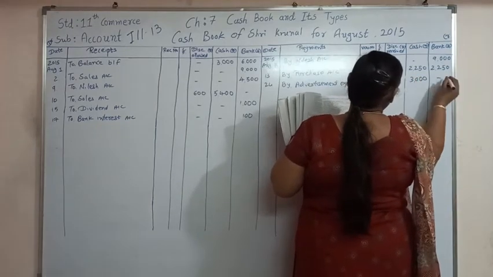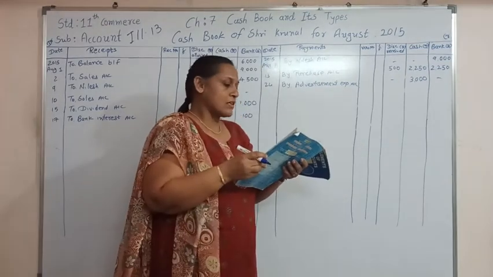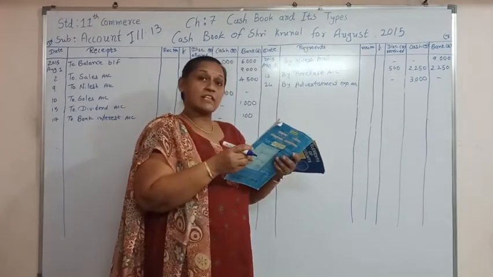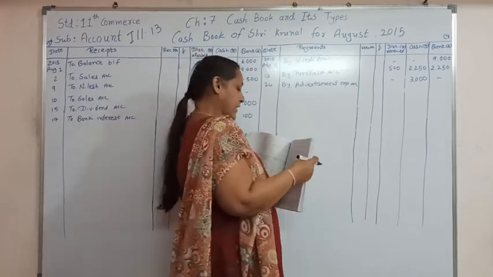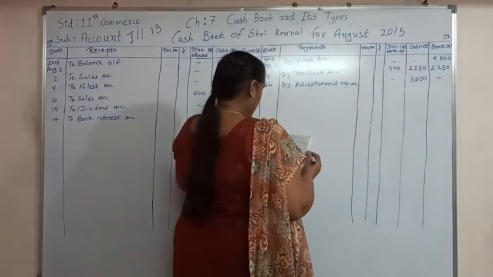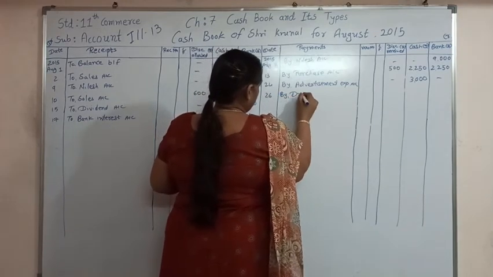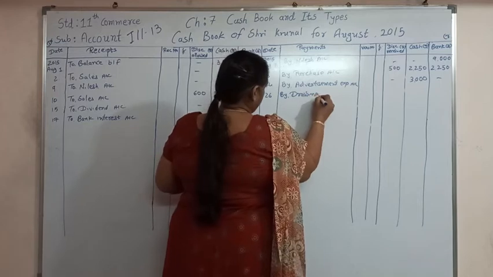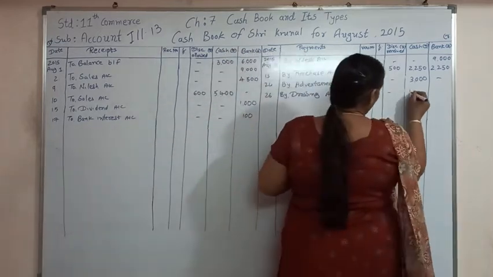Now on date number 26, rupees 1,000 paid from the business for Satyanarayan Katha at home. So that is our drawing, so we are going to write down by drawing account, and that is rupees 1,000.